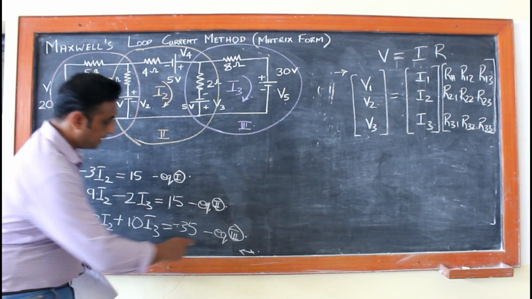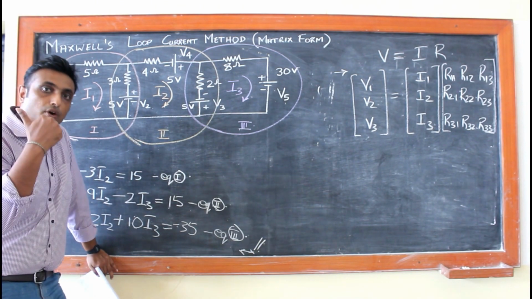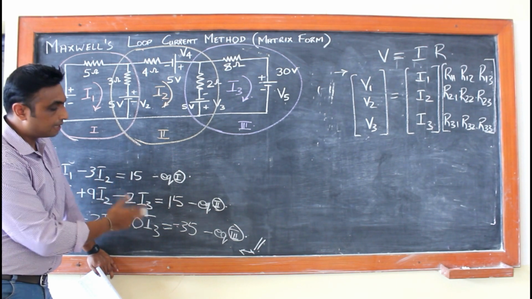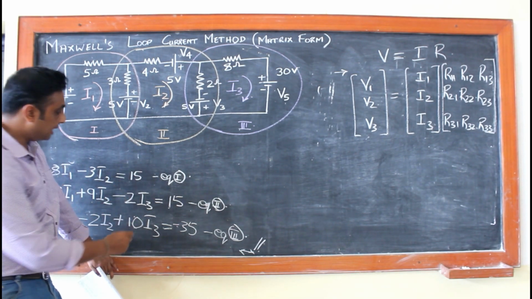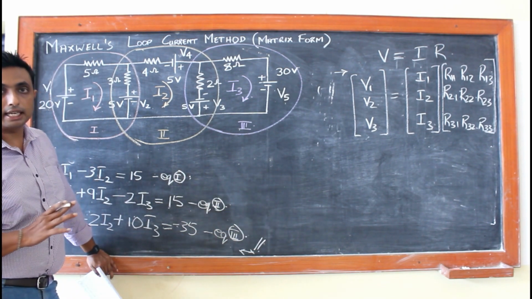So if you look at your steps, whether you do it in equation mode or matrix mode, they remain the same. These equation 1, equation 2, equation 3 will remain standard.